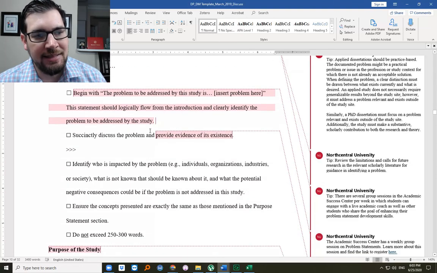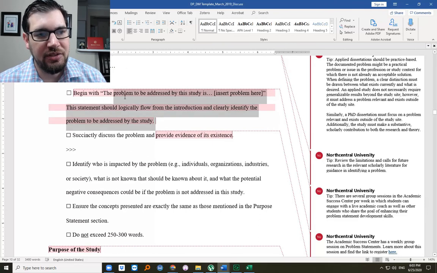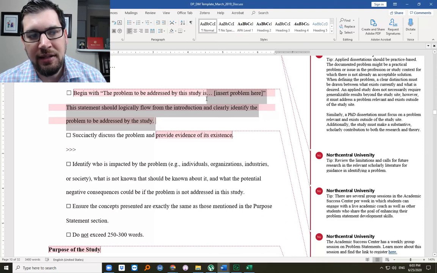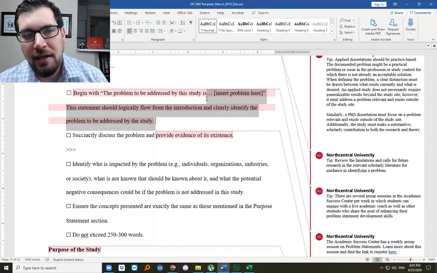So here we're asked, let's say it's shoes. The problem to be addressed is the lack of illustrated or evidentiary justification and efficacy for shoes worn as protective clothing against the novel coronavirus.